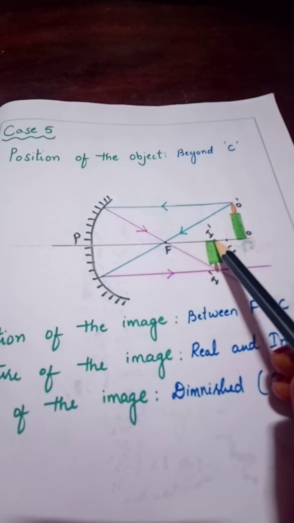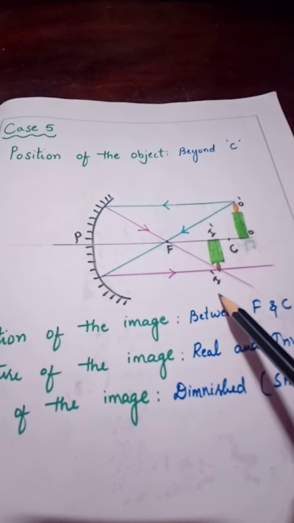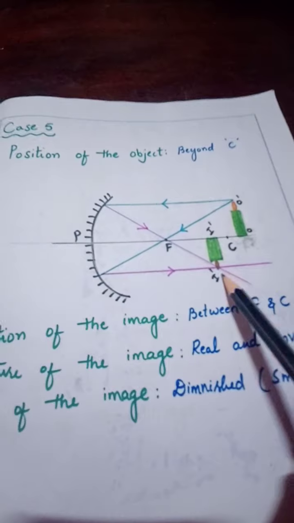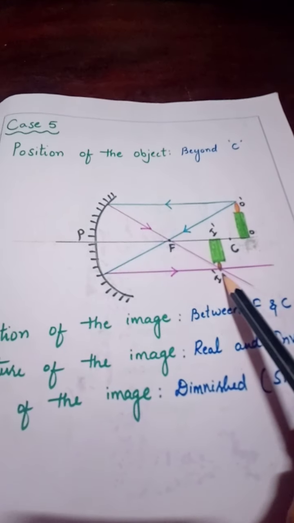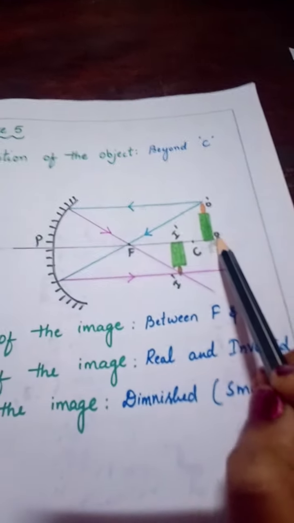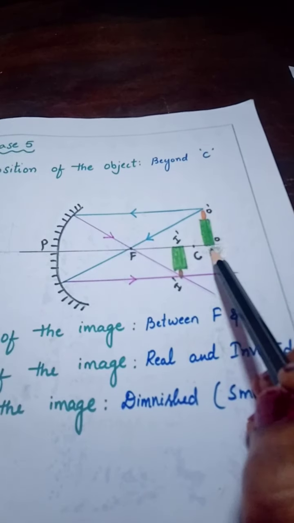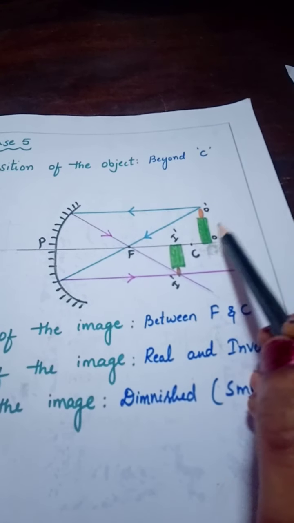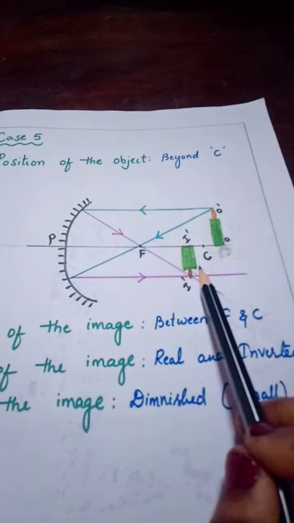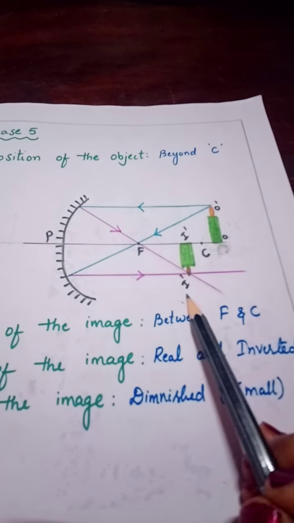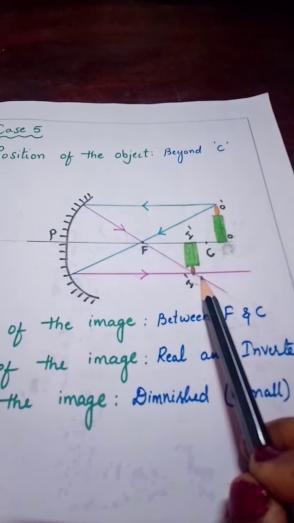When you measure from the principal axis, if the image is downward, then this height, the size, should be considered negative. According to the third rule, the height of the object is above the principal axis, so it is taken as positive, and this one is considered negative because it is below the principal axis. That's why the height of this image is negative.